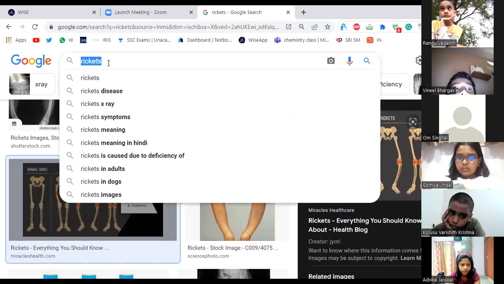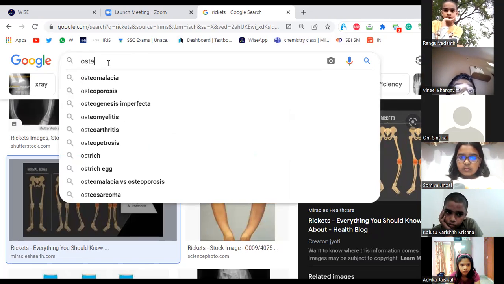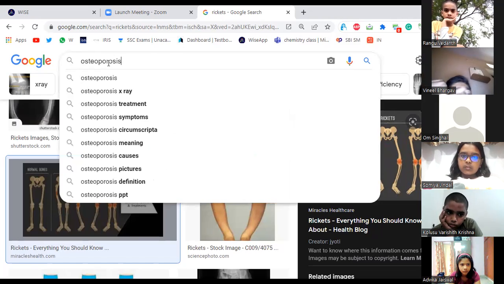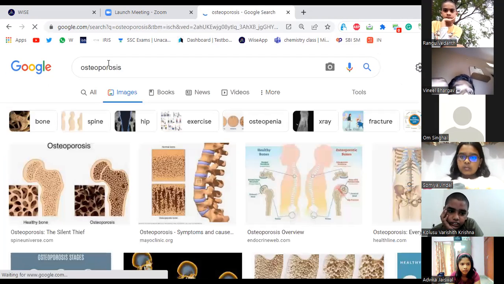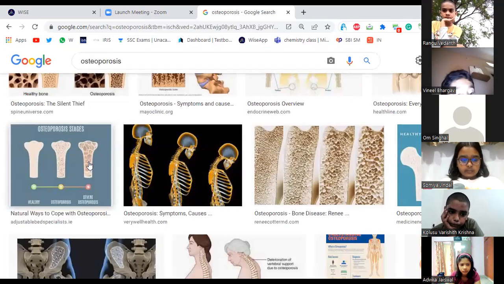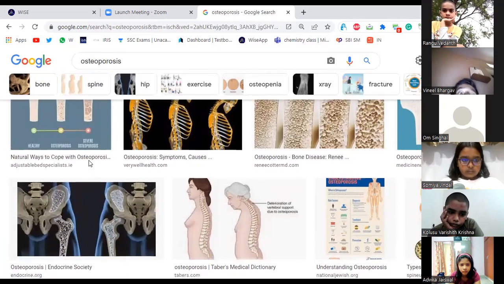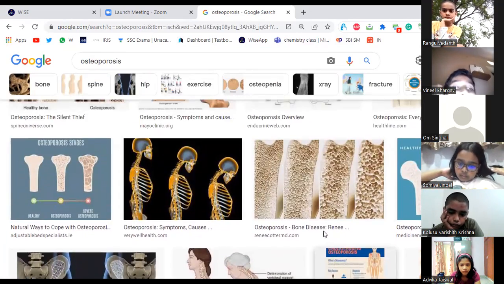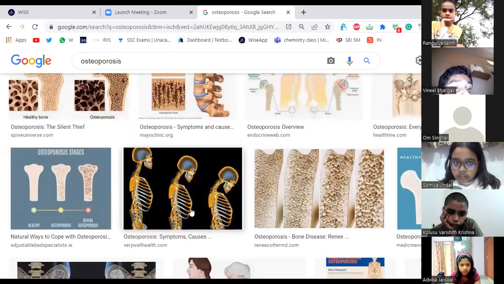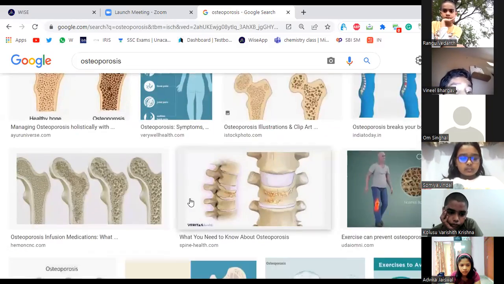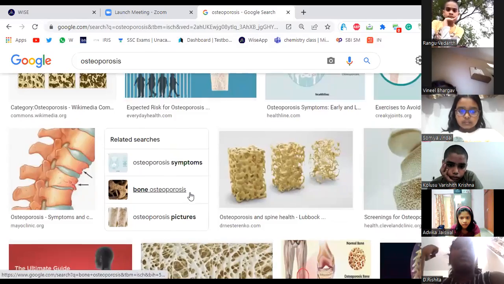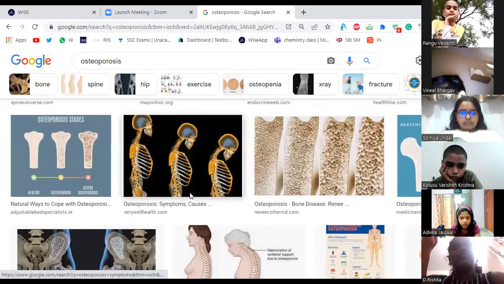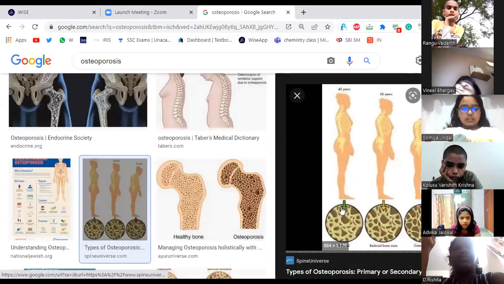So osteoporosis is also the same. Osteoporosis is for adults. See here, this image.